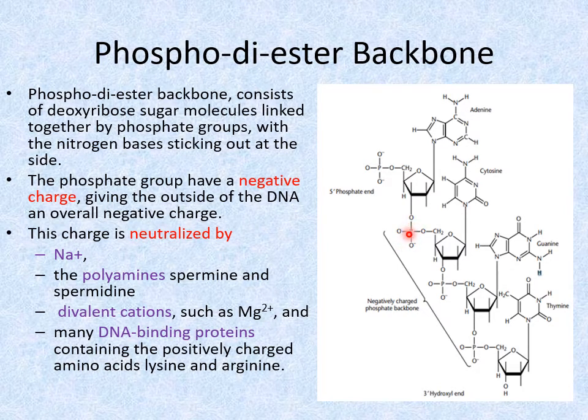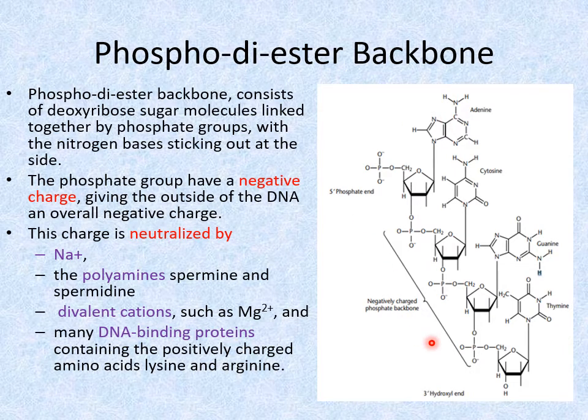This is a characteristic feature of the DNA molecule, and all the characteristic features that we are going to talk about in this video play a vital role in determining the conformation of the DNA molecule. So these phosphate groups present in the backbone are responsible for the negative charge of this DNA molecule.